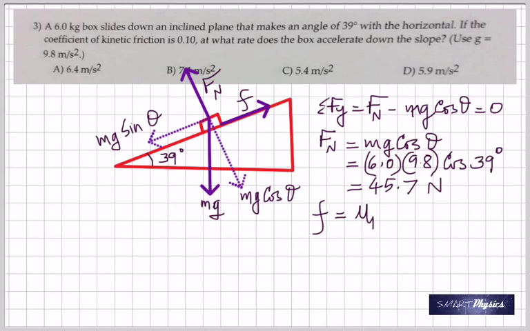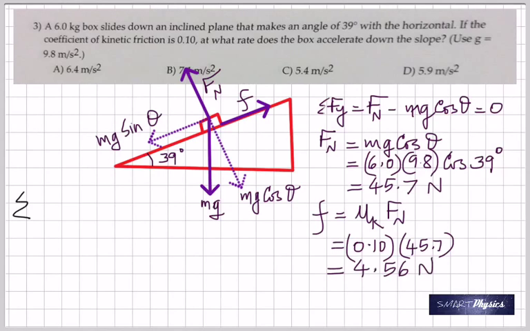Now we can calculate friction, because friction is mu k times Fn, which is 4.57 newtons.